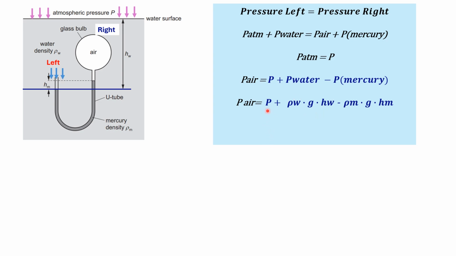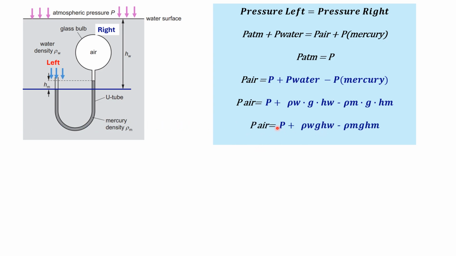Now doing substitutions, P plus the density of the water, ρW, times G, times the height of the water, HW, which is from the water surface to this level right here, so it's HW. And the pressure of the mercury, which is this small part, is the density of the mercury times G times the height of the mercury, which is given by Hm.